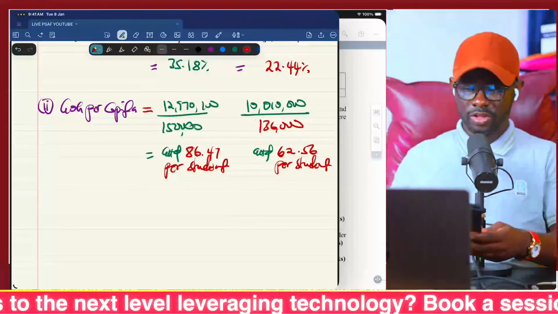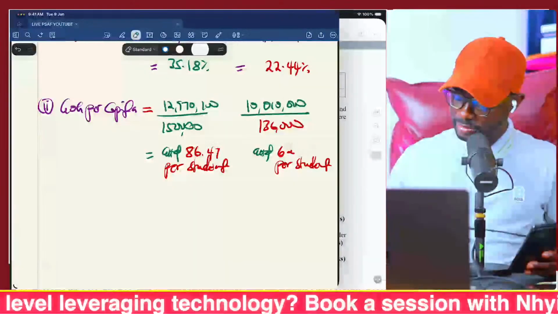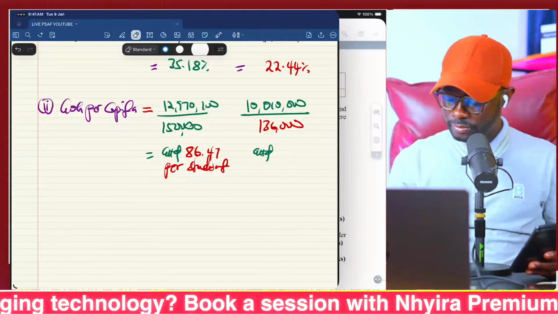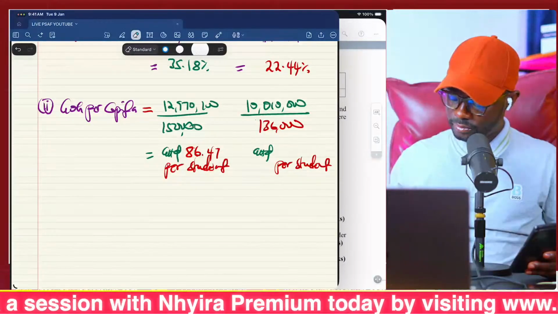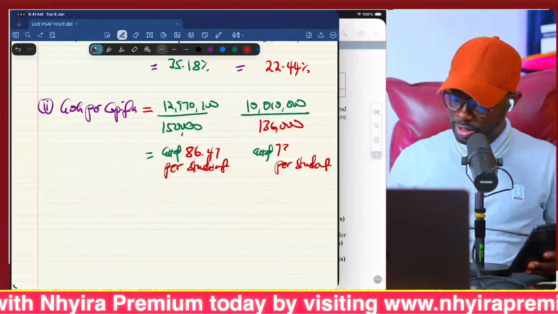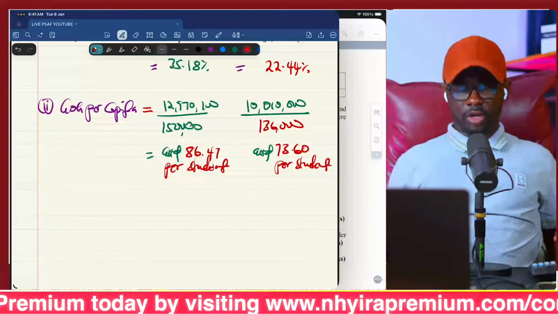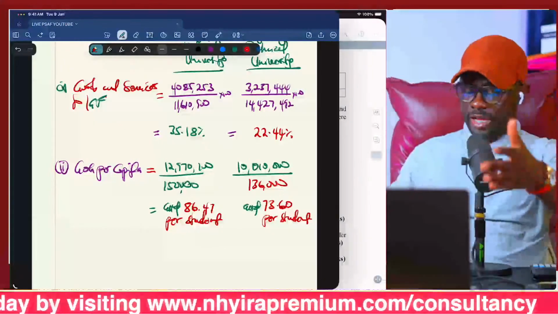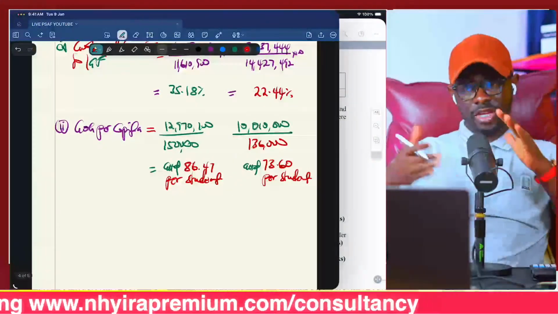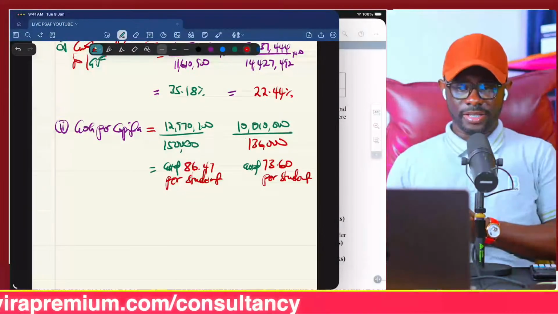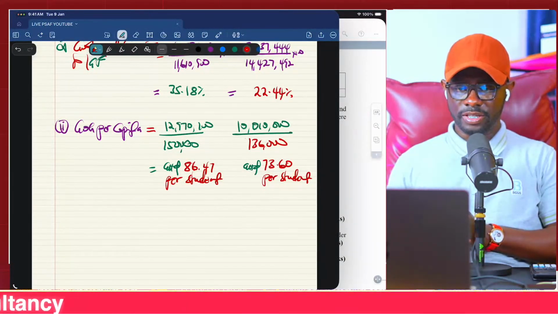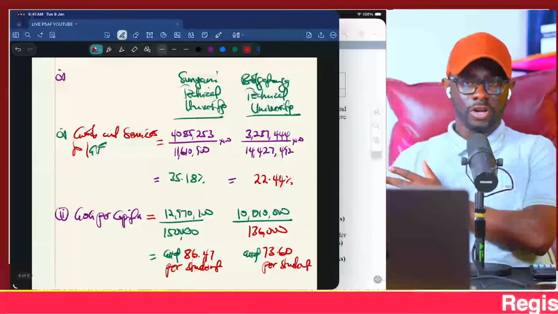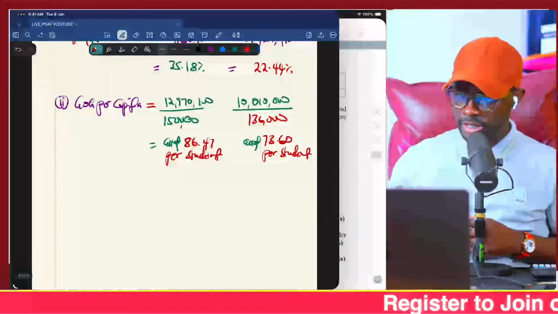Okay, so 73.60 rather. Yeah, so Sunyani is still having a greater amount of money they've gotten from the government of Ghana per student than Bolgatanga. Again, we'll come back to the interpretation.